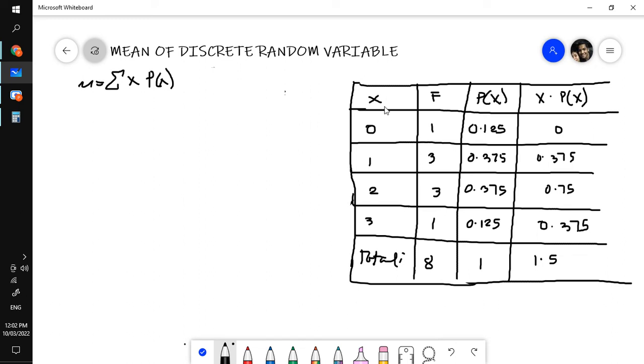So we have here the values of our x. We will rename this one as x sub 1. This is x sub 2. This is x sub 3. And this is x sub 4.